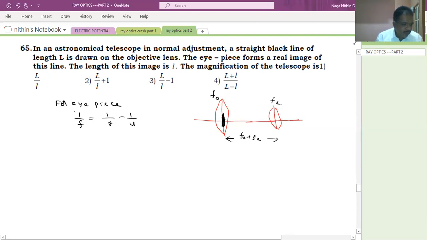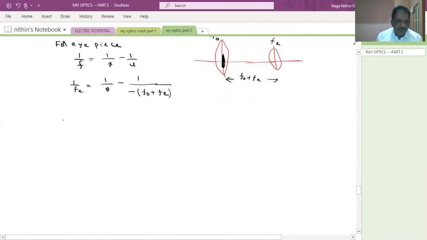Here 1 by FE is equal to 1 by v minus 1 by minus of FO plus FE. So 1 by V is equal to 1 by FE minus 1 by FO plus FE.